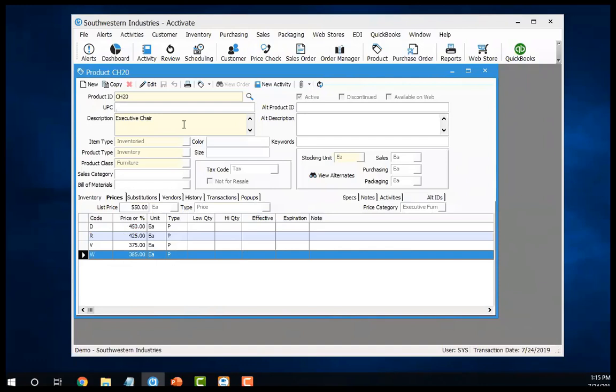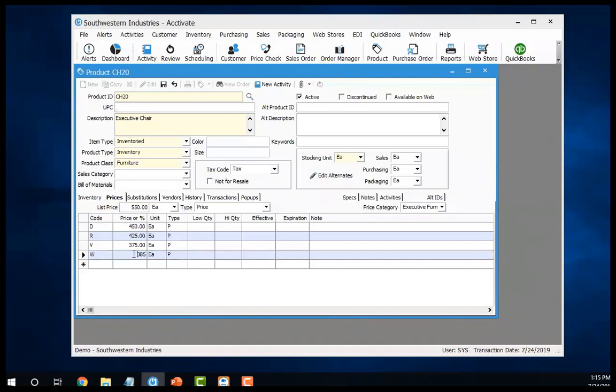So let's say I change this, and I have a relationship with the wholesale price code where it's $400 if you buy anywhere between 1 and 9. And then if you buy more than 9, you pay the 385.